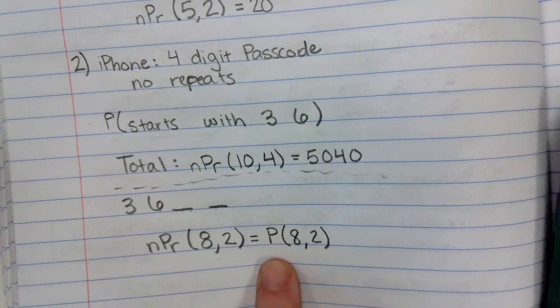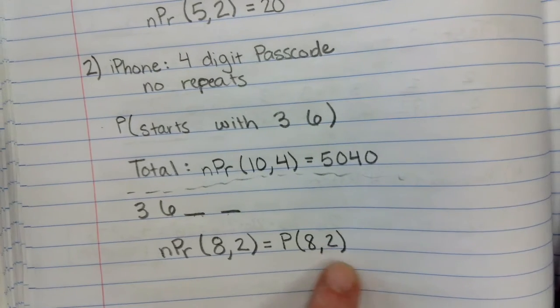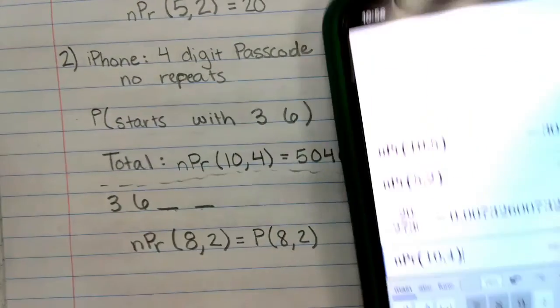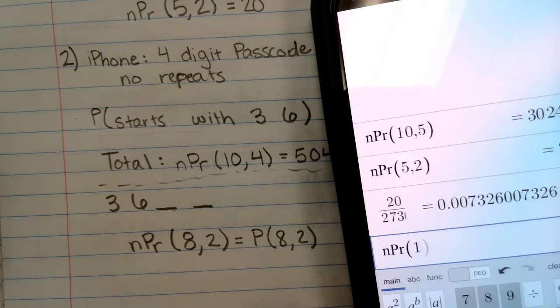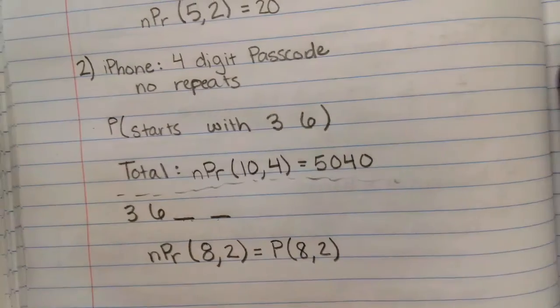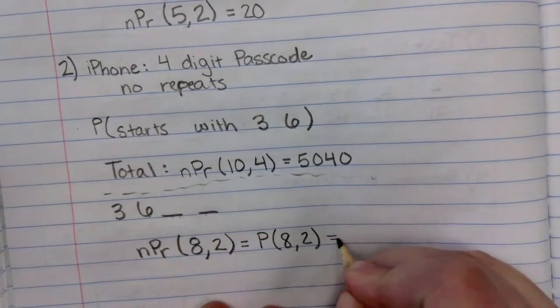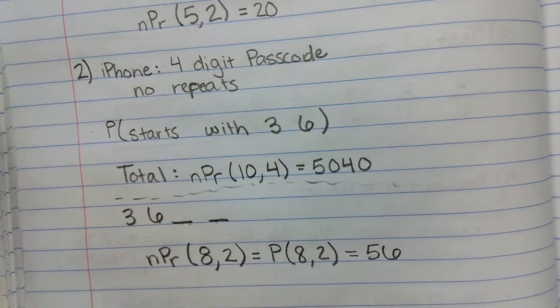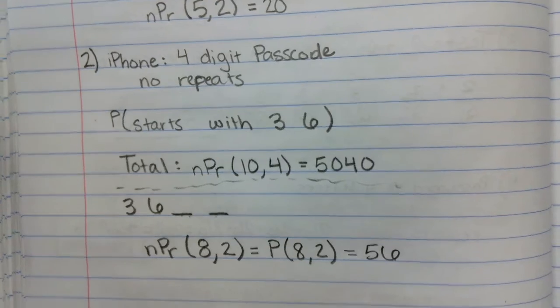All right, but we're going back to our idea of probability. So a probability that it starts with a 3, 6. How many different ways can we have a passcode that starts with 3, 6? 56 out of how many passcodes total? 5,040.